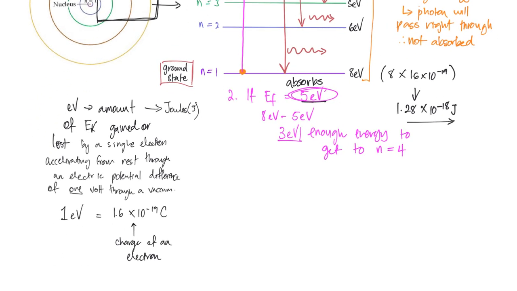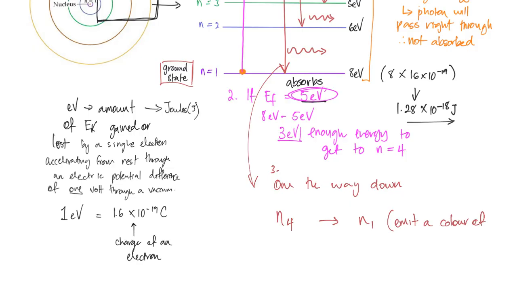So I'm just going to make the notes here. It has the option, so on the way down, let's put number 3, it can either go N4 all the way to N1, and it's going to emit a color of light.